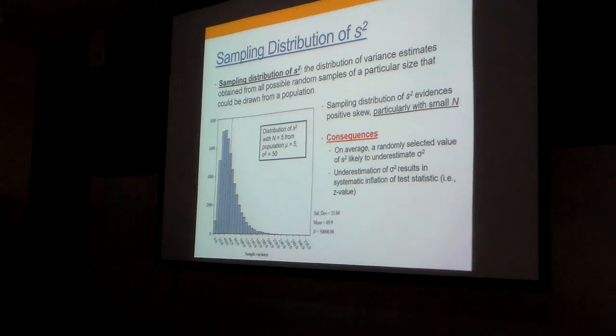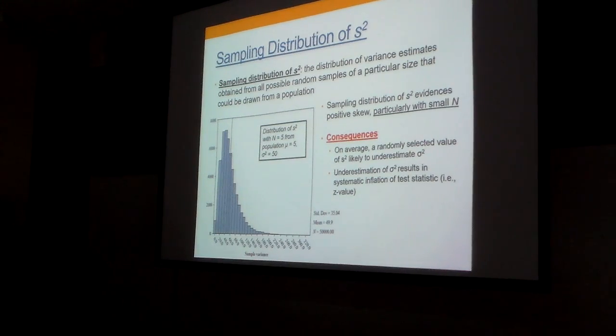But for any given sample that I collect, given that the sampling distribution of my variance is skewed, this is probably going to be smaller than it should be, so this is going to underestimate. And if my standard error is my standard deviation over the square root of n, and this is smaller than it should be, my standard error is going to be too small. And if my Z statistic is the mean minus the population mean over my standard error, and that is smaller than it should be, my Z statistic is going to go up, right?